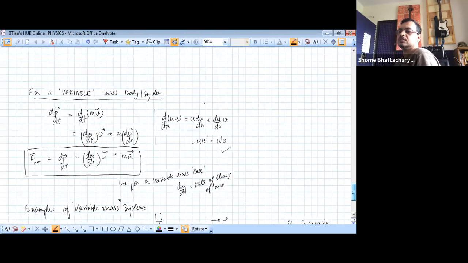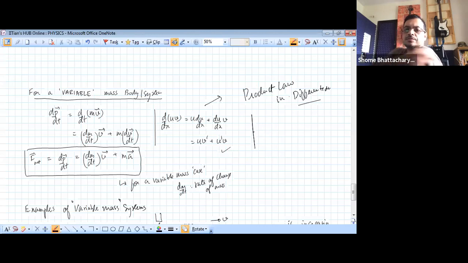Now coming back to this, this is called the product law in differentiation. You've done differentiation, right? Basics of differentiation. So, for example, you have a function like this, y is equal to, let's say, x square sine x, and you want to find dy by dx. So what will happen?